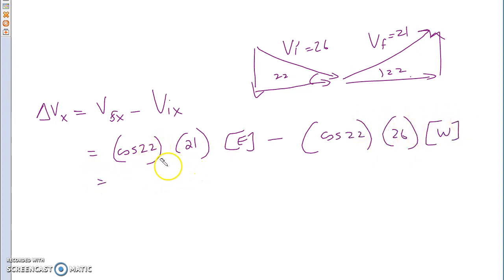Can you give me the numbers again? 19.47 going east minus 24.1 going west. Of course we're going to subtract them, correct? What do you end up with?